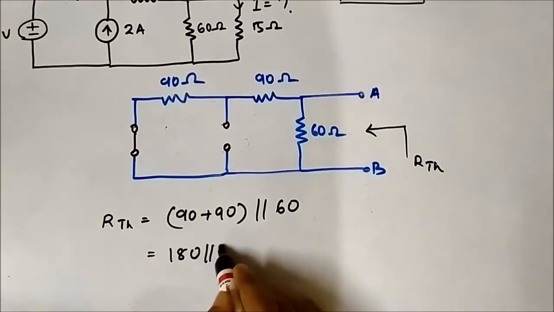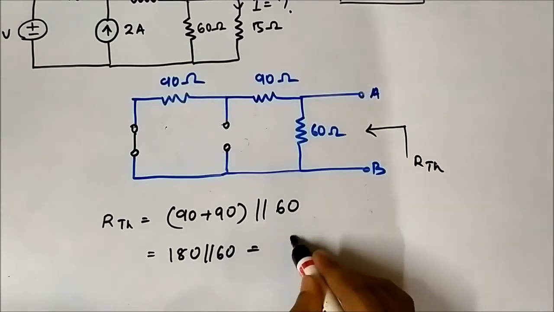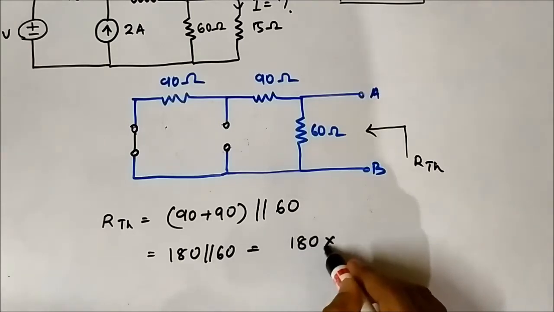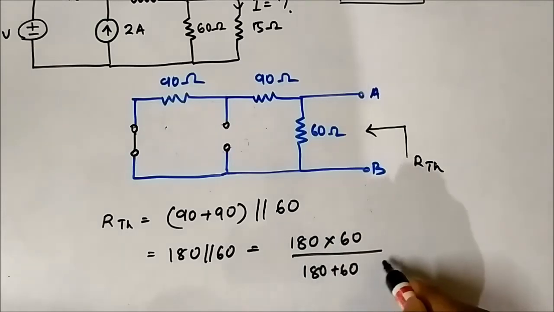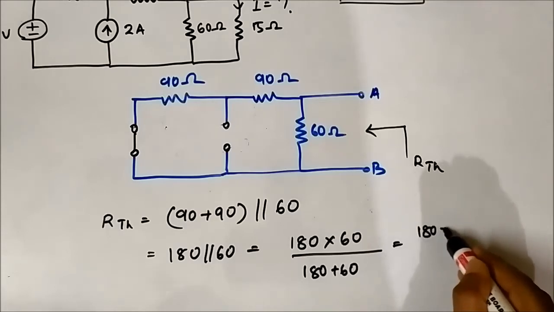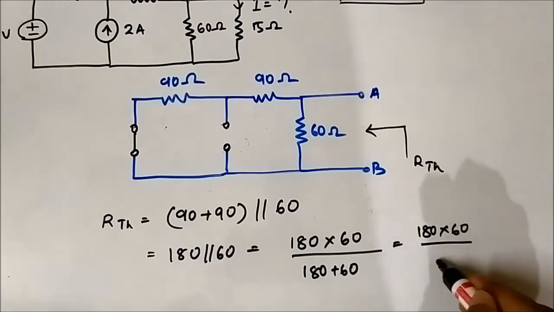So it is 180 parallel 60, which is 180 into 60 by 180 plus 60, which is 180 into 60 by 240.